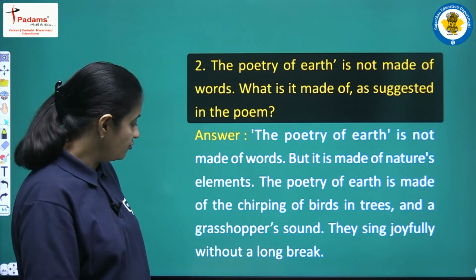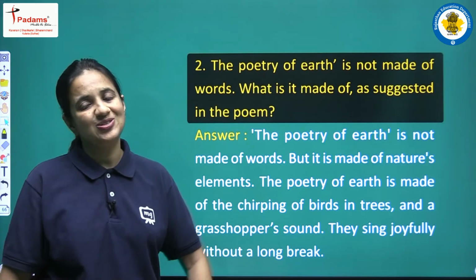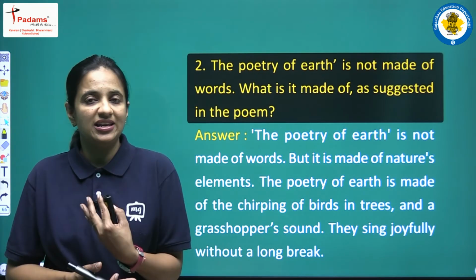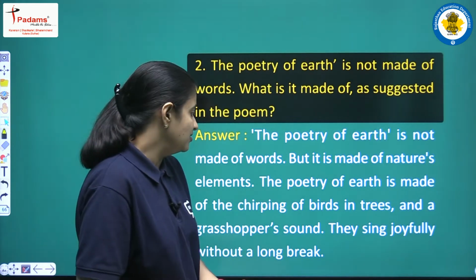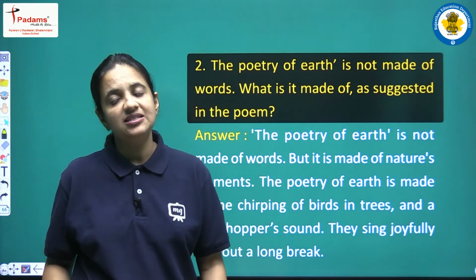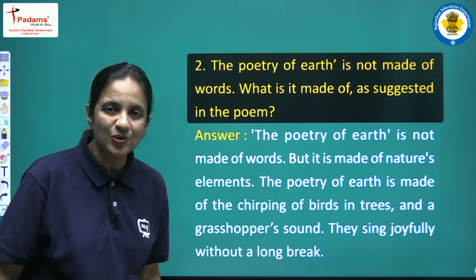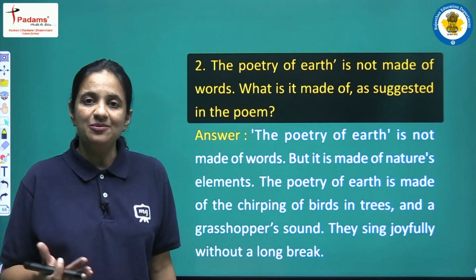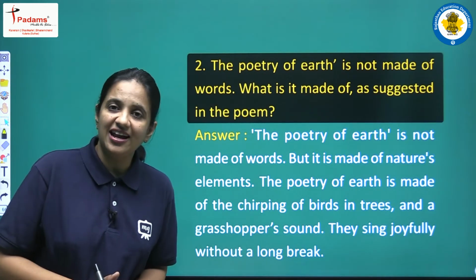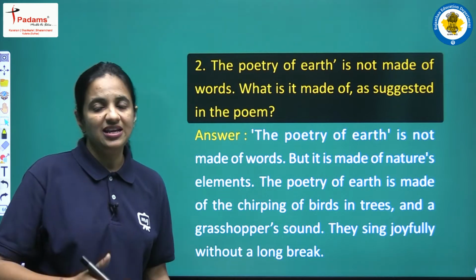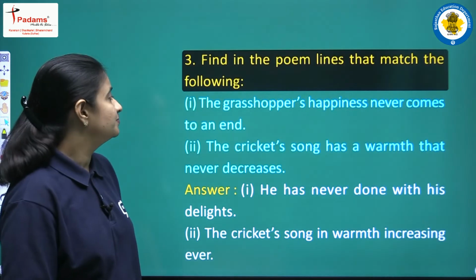They sing joyfully without a long break. In the poem we have read about so many elements, like the chirping sound of birds and the music created by the grasshopper, right? These are some of the elements that actually produce the music, the poetry of earth.